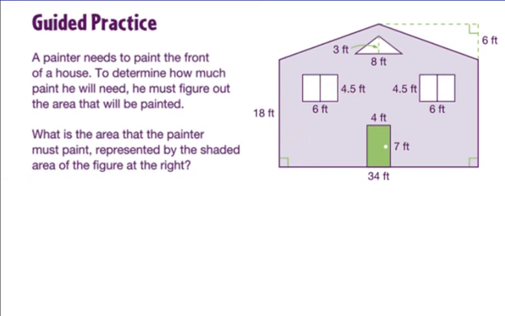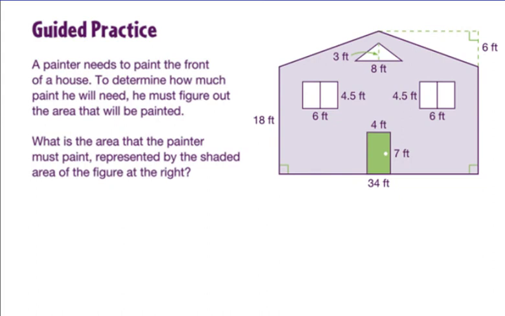So first, what we need to do, we need to start big and go smaller, okay? So first, if we look at just the house, we have a triangle at the top of the house here, and we have a rectangle. So let's first determine the area of the total front of the house. So area equals base times height times 0.5, okay?